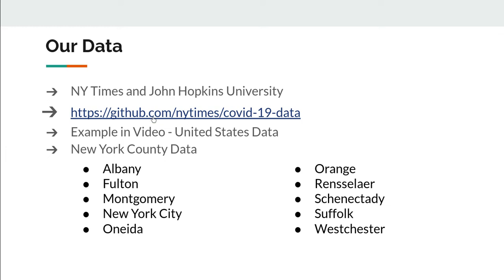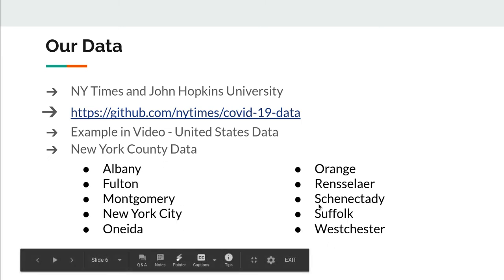I downloaded it from this site, but I already broke it up into separate spreadsheets for you to use. Like I said, my example is going to be the entire United States, so I have a lot of data in my spreadsheet. I broke yours down by counties, so you will each be assigned a county in New York.